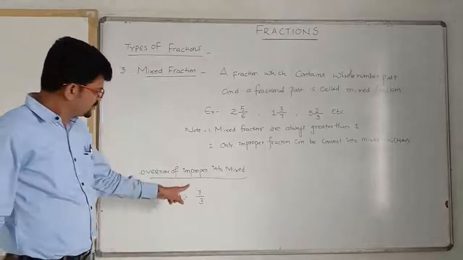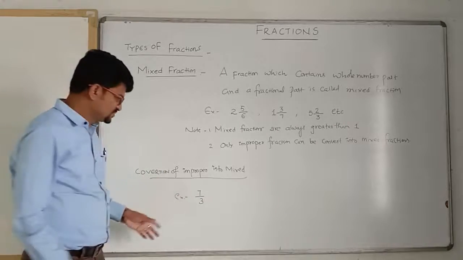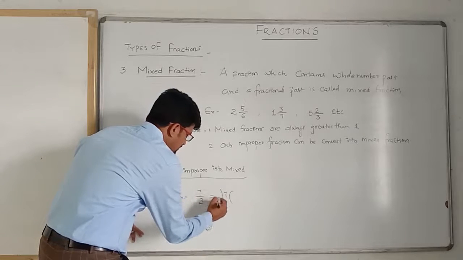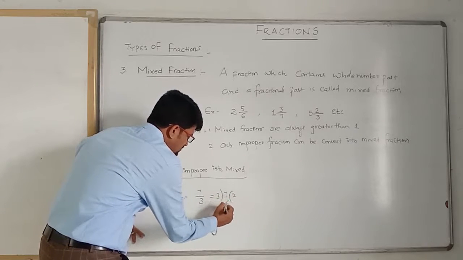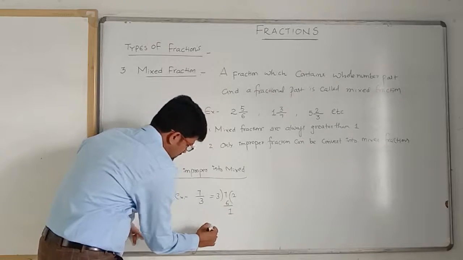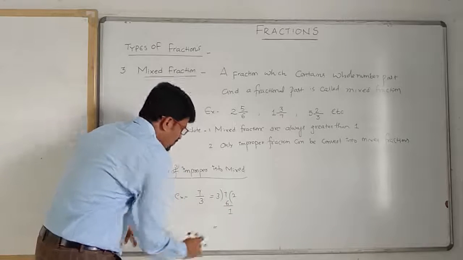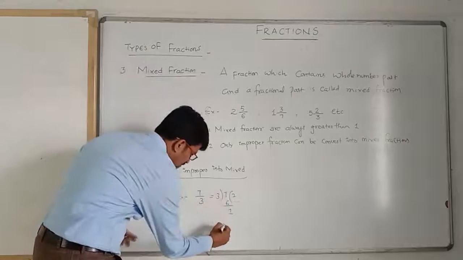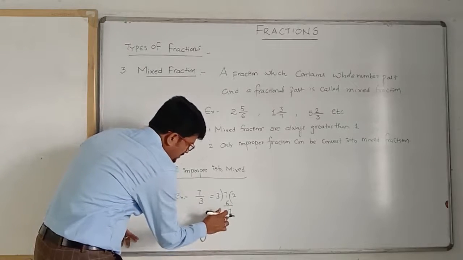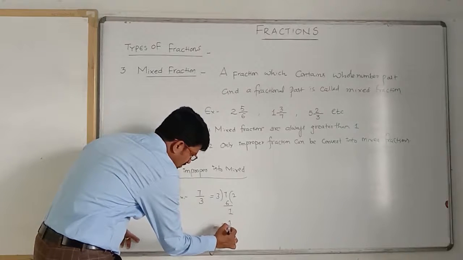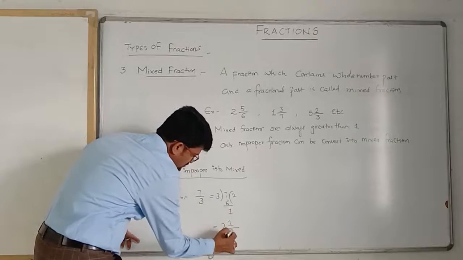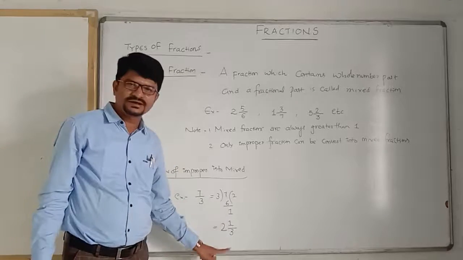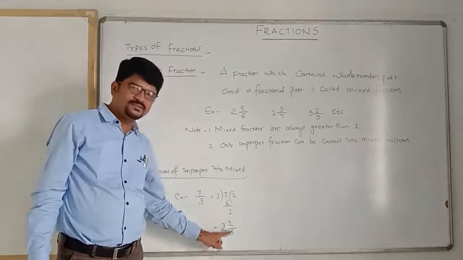The numerator is more, right? So solution: divide 7 by 3. 3 twos are 6, remainder is 1. The quotient you got is the whole number part, the remainder is the numerator part and the divisor is the denominator part. So it can be written as 2 and 1 by 3.